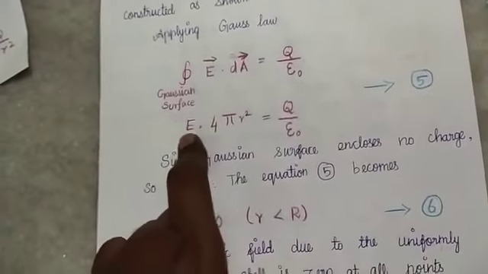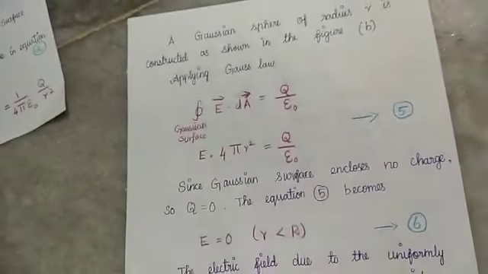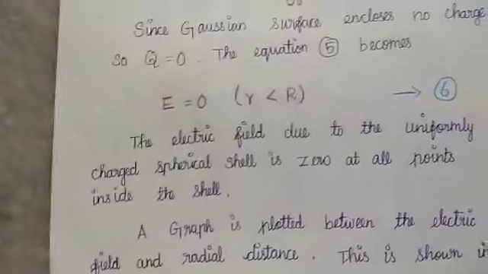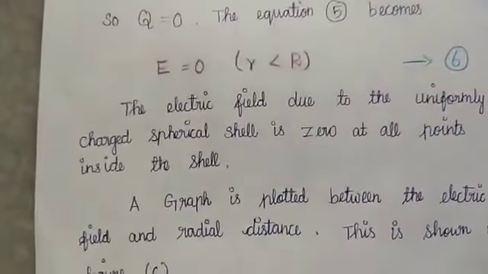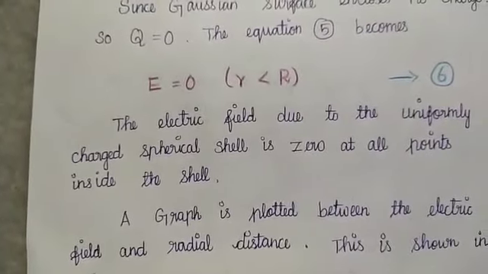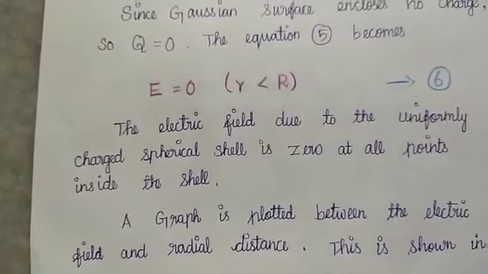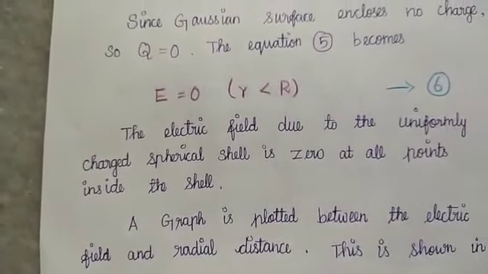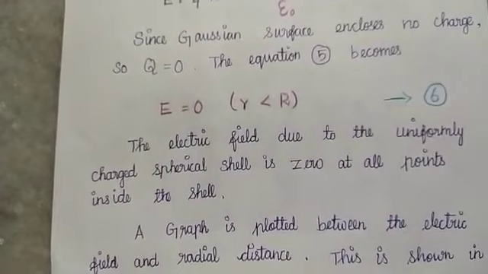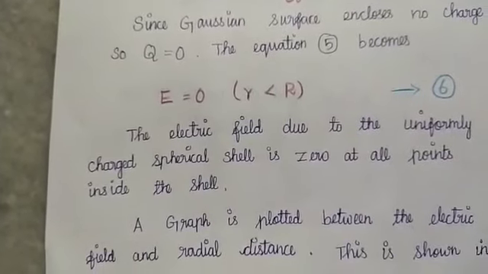That is the electric field outside the sphere. So the electric field due to a uniformly charged spherical cell is 0 at all points inside the cell. So inside the cell the electric field will be 0.